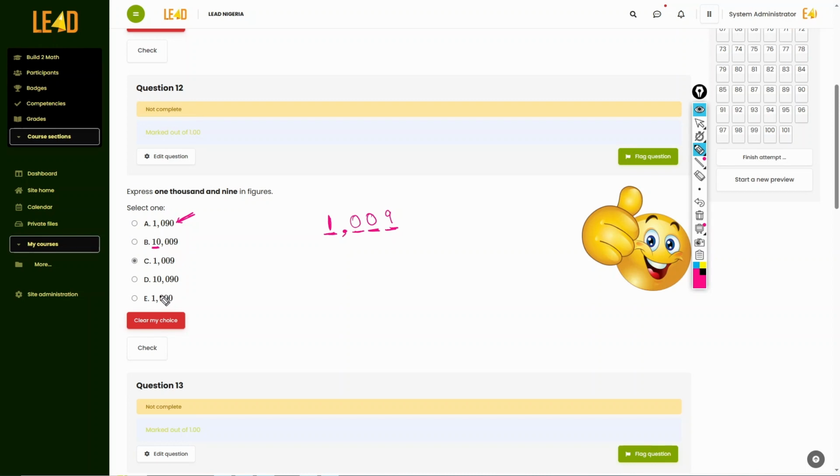D is saying 10,090, and then E is saying 1,000, but then this is now 900, so you say 1,900. So the correct option is C, 1,009.